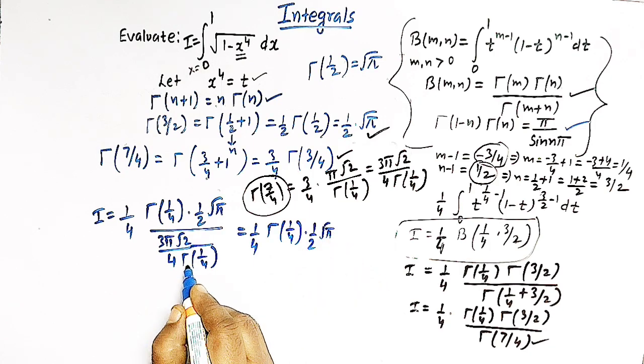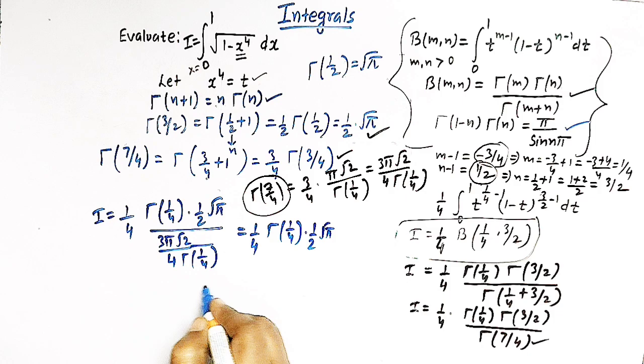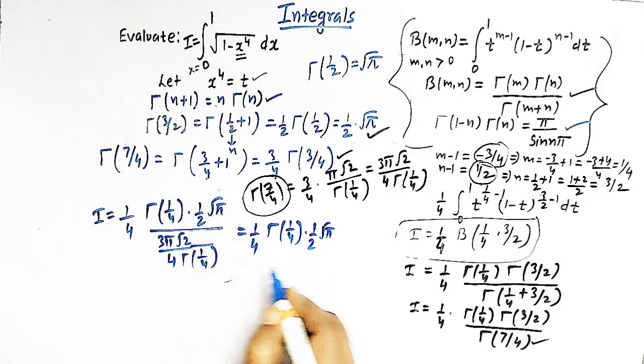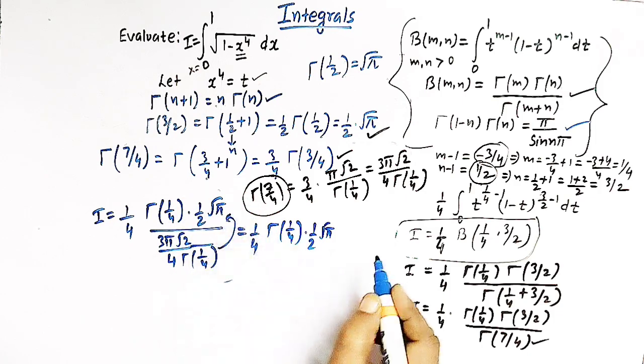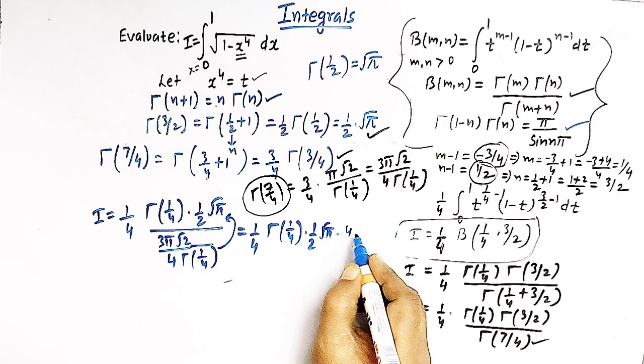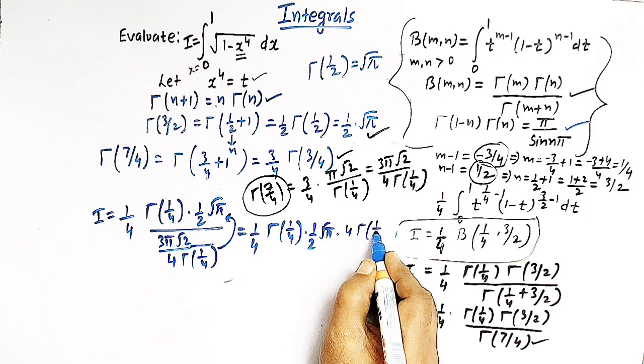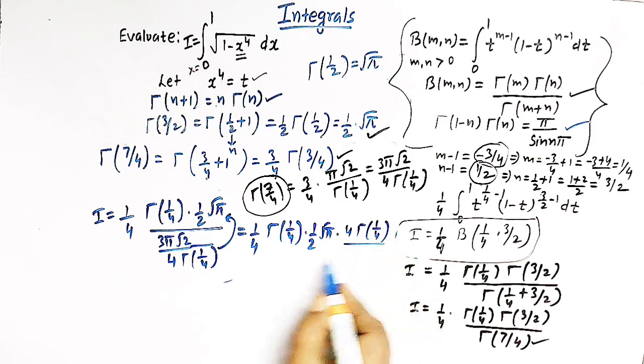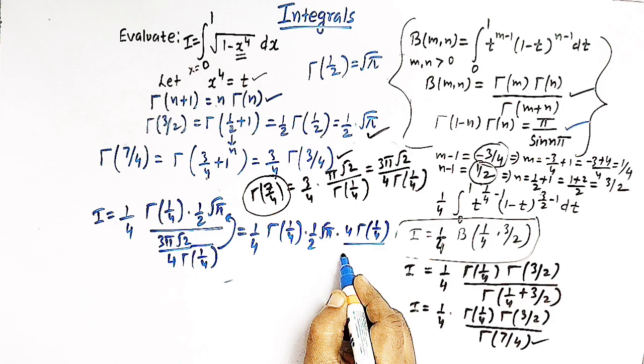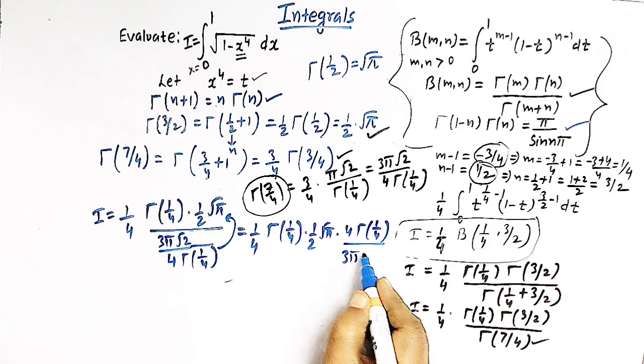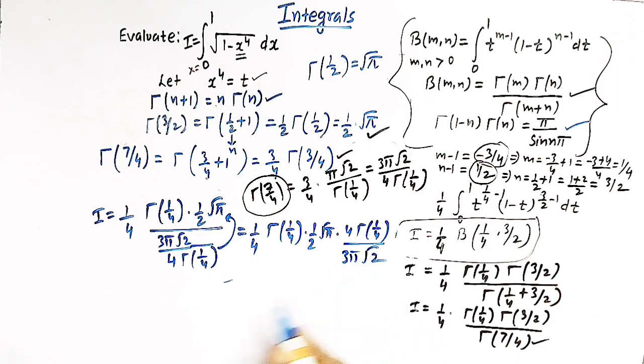taking 4 times gamma 1 over 4 to the numerator, that is we can now write 4 times gamma 1 over 4, and here we have in the denominator, that is 3 pi root 2.